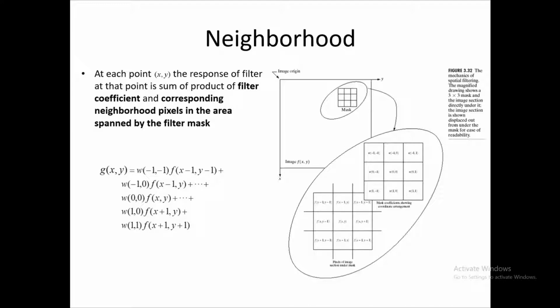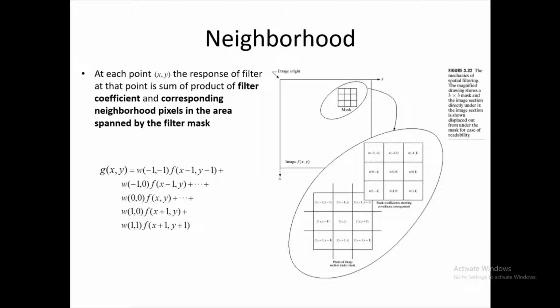the center coefficient of the filter is w(0,0), and it aligns with the pixel at the location x, y. We move the filter mask over the image and compute the sum of products at each location.